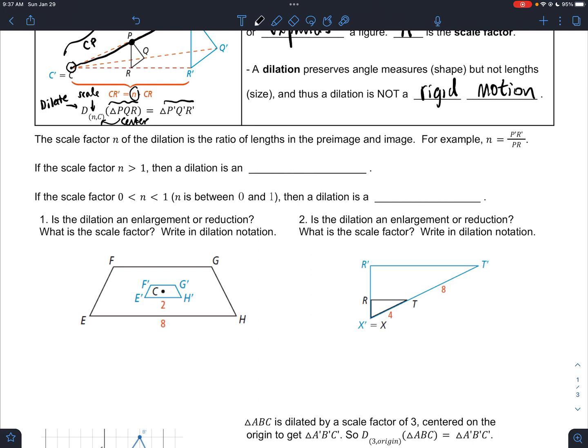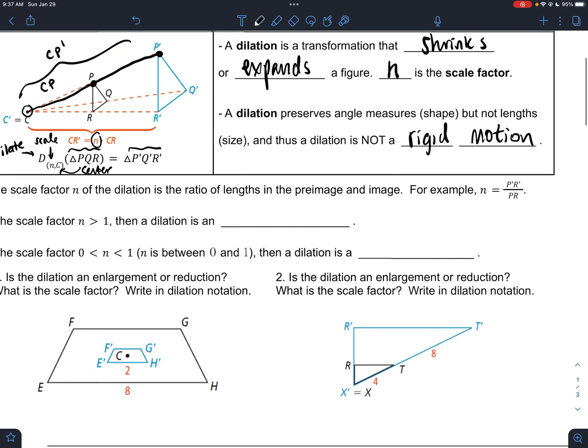So as I said, the scale factor of the dilation is the ratio of the lengths of the before and the after. So for example, on our picture, PR at first looked like this, but then it was scaled up and looked like this.